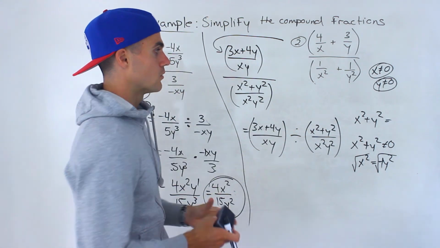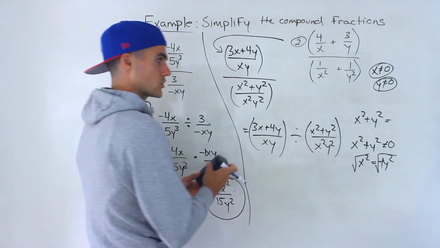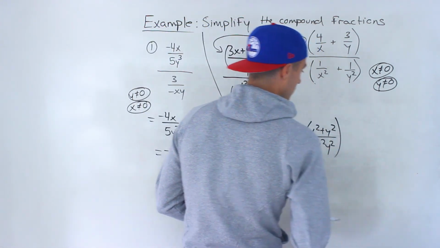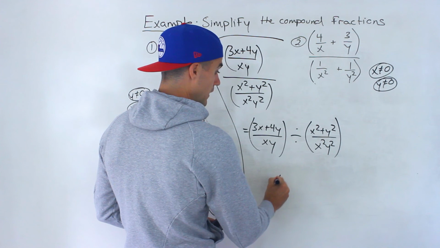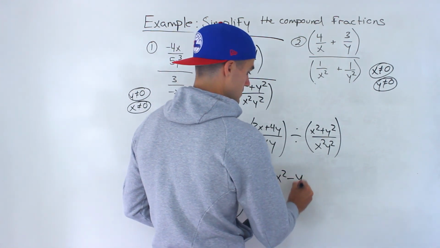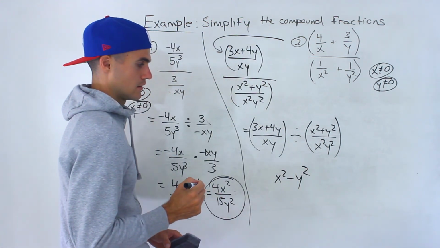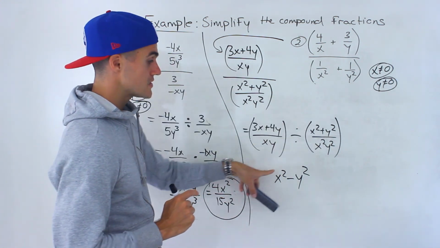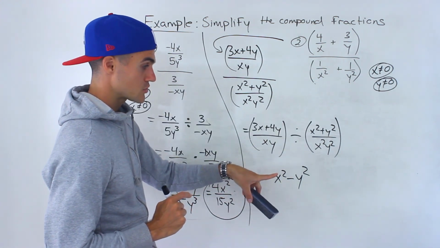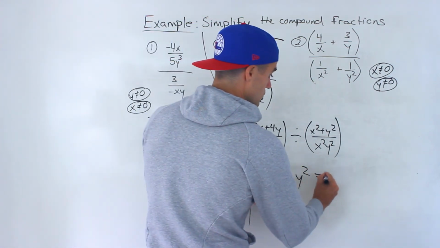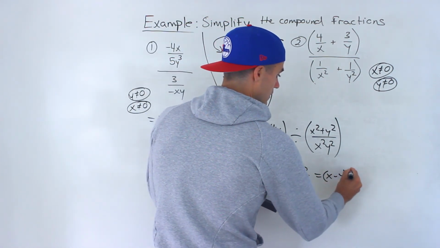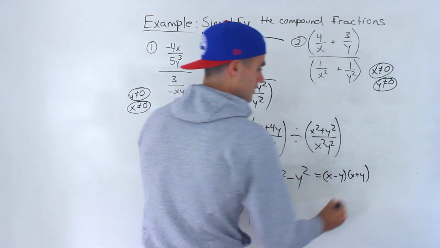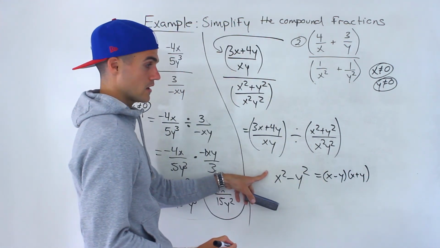Now, this could have been trickier if, for example, over here we had x squared minus y squared. Let's say this was in the numerator here, then this changes the game because we can get restrictions from here. This is a difference of squares: x minus y, x plus y.